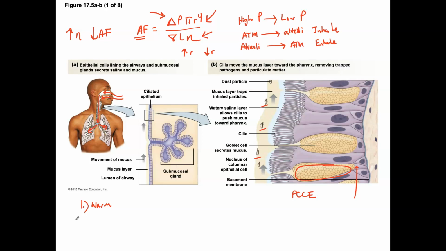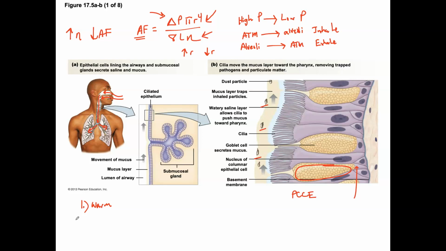You're going to see heat transferred from capillaries that line the respiratory system. The heat that's in the blood is going to be transferred to the air, and that's going to warm the air. So blood vessels that travel along the respiratory system are transferring heat to inhaled air so that it reaches 37 degrees Celsius.